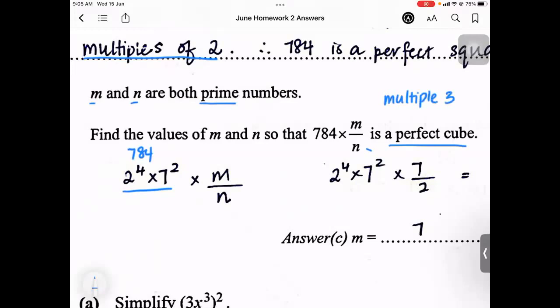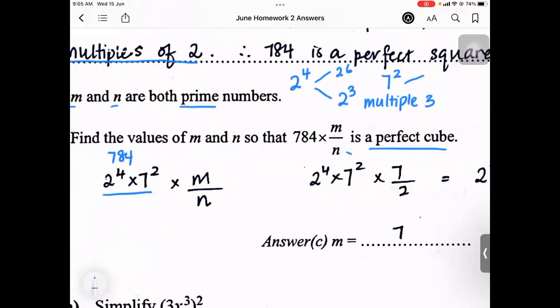What are the numbers we have? We have 2 to the power of 4. Either it can become 2 to the power of 6 to be a multiple of 3, or it can reduce in power to become 2 to the power of 3. Then we have 7 squared. Either it can become 7 cubed, or it's 7 to the power of 0, no 7 at all.